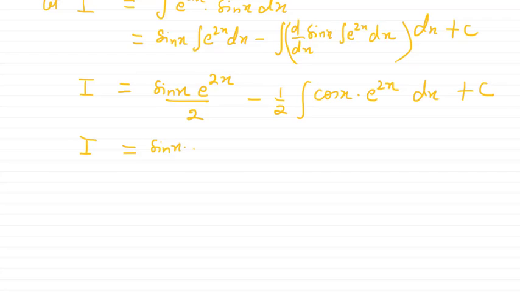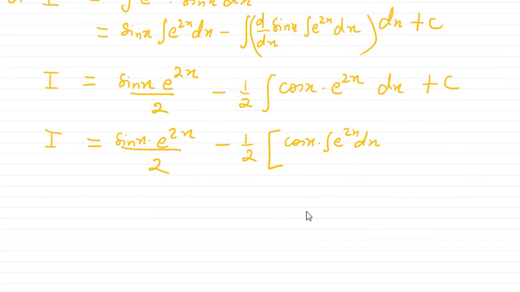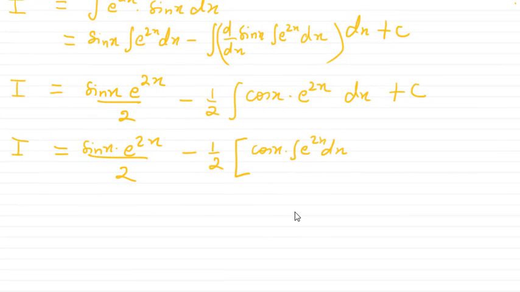we don't have to do anything with this, and then we will take the next one, that is half. Then again we will use integration by parts here. So again you can see your cos x will remain same, and then you have to integrate e to the power 2x dx. Then you have to take a minus, and then you have to integrate differentiation of cos x, then integration of e to the power 2x dx, then integration of this whole thing.